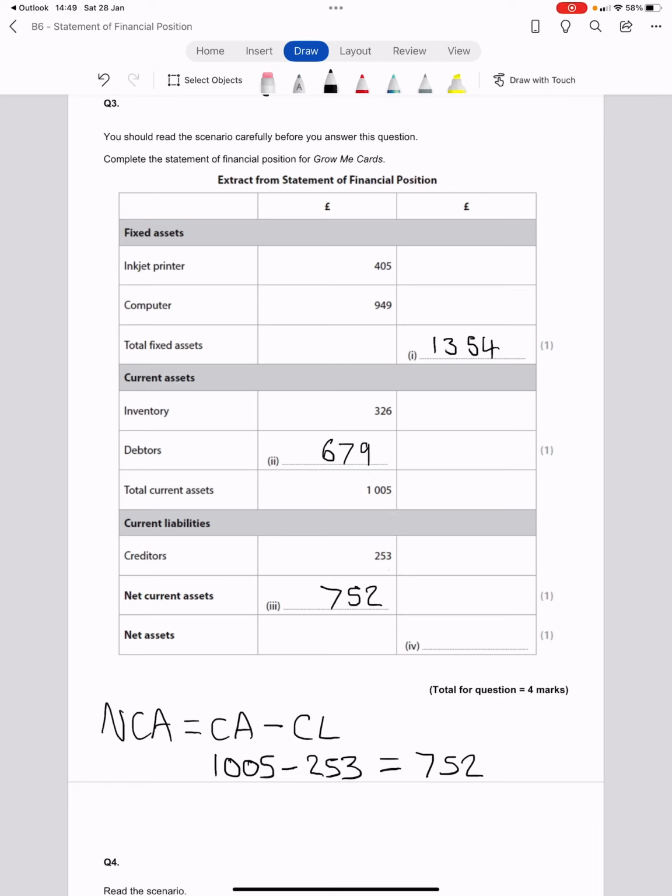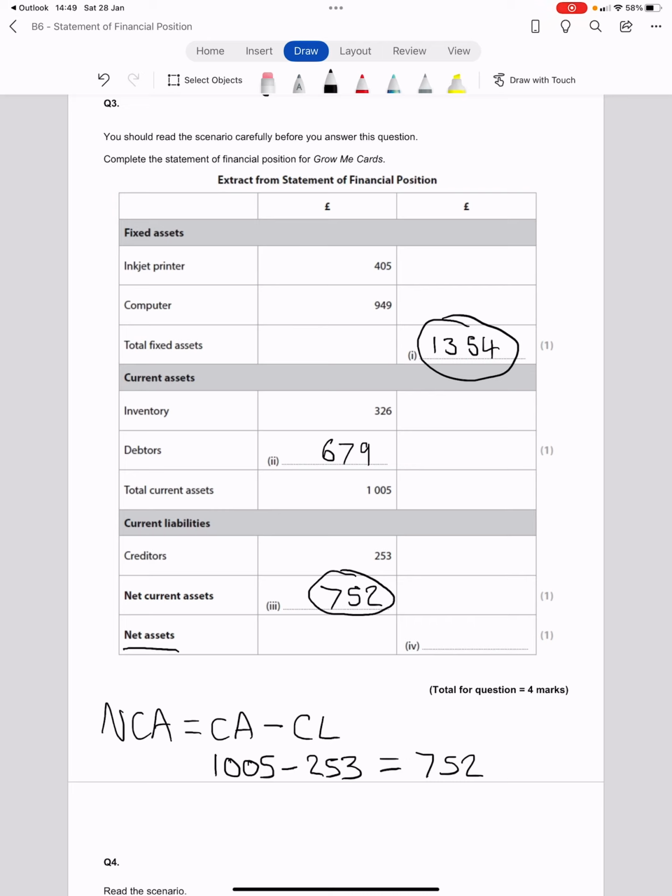Okay, so we need to do one more calculation to get our final mark on this question. Again, it's this one here, and we're trying to work out what the net assets are. To work out the net assets, we just need to add together total fixed assets of £1,354 and add on the net current assets. The reason for that is that we've already knocked off the current liabilities, so they're already accounted for here.